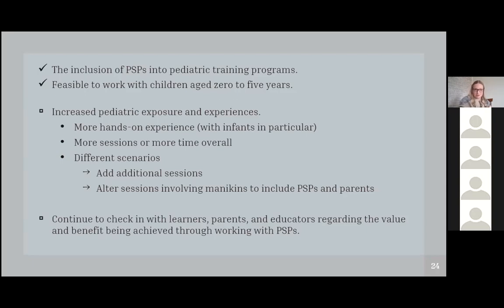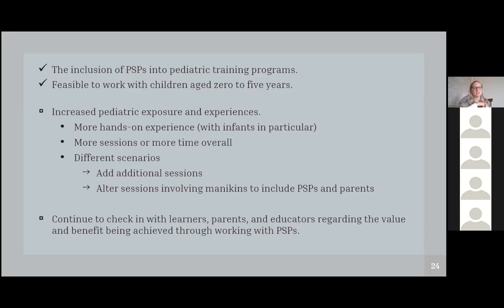Nursing has already started this, so in a sense, I've given you that check mark. You've already included working with pediatric simulated patients, which is great. The research did identify that it's feasible to work with children aged 0 to 5 years, kind of argumentative to the article I had found, and nursing is doing this. They are working with children aged 0 to 5 years.